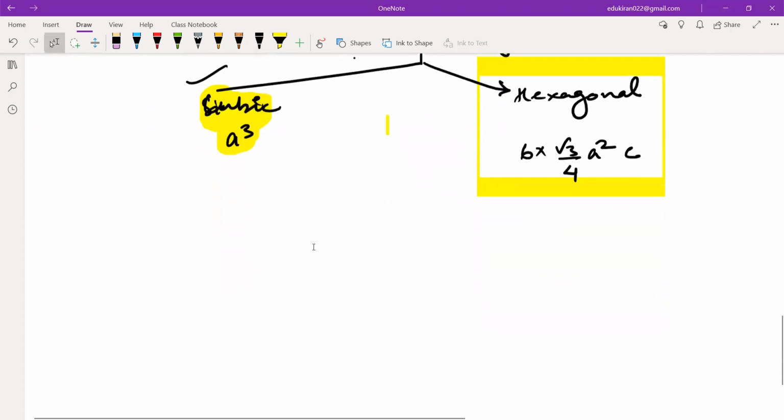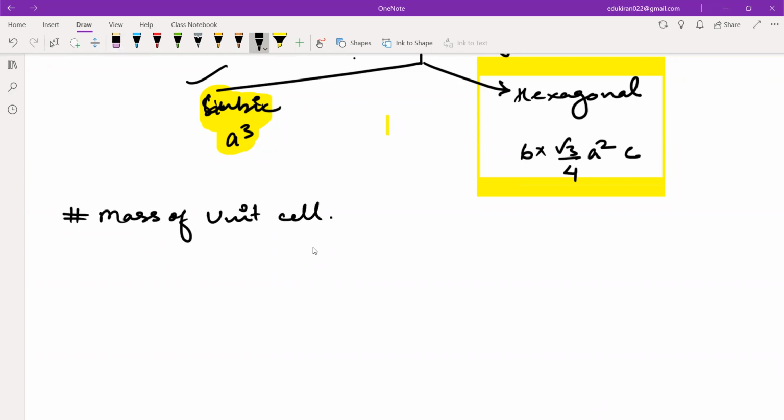So what can we do? Let me write here, mass of unit cell. Mass of unit cell is due to the atoms in the unit cell.